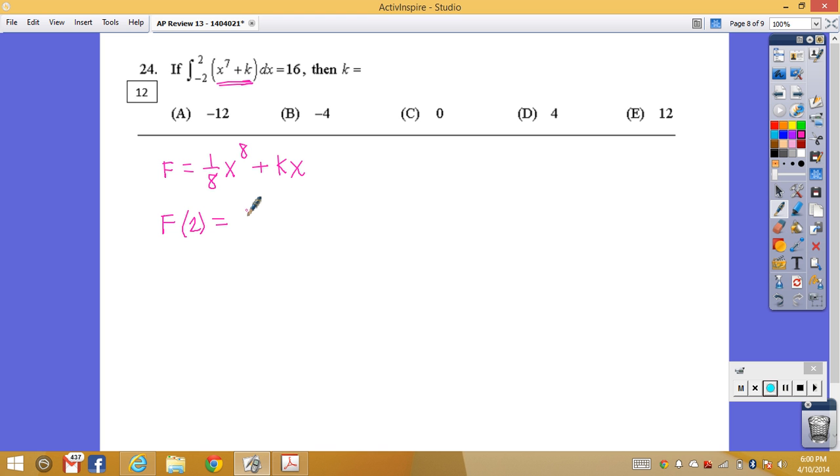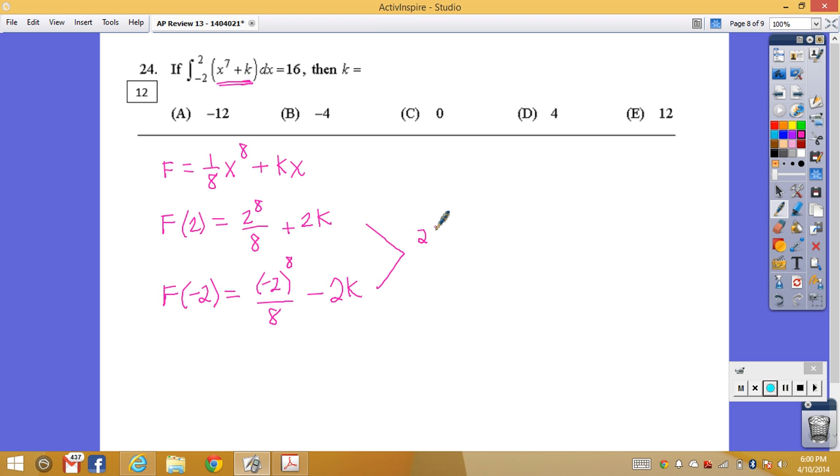So I would get 2 to the 8th over 8 plus 2k, and f of negative 2 would be negative 2, oopsie, that's supposed to say to the 8th, which is the same as positive 2 to the 8th over 8 minus 2k.